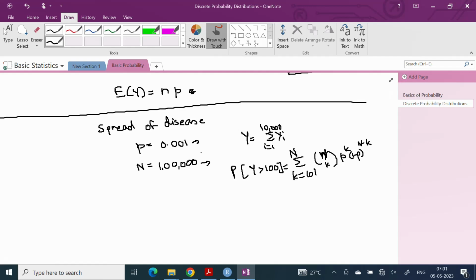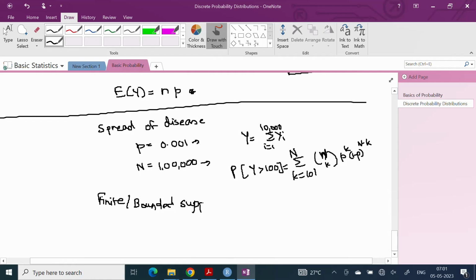Our population is 100,000, that is 1 lakh. Then the number of people who get affected can be at most 1 lakh. It cannot exceed 1 lakh. So binomial distribution has limited range, or what is known as finite and bounded support. It cannot go beyond n.